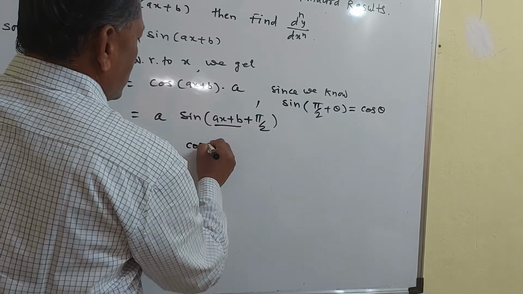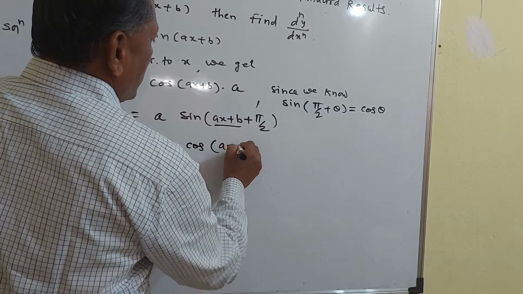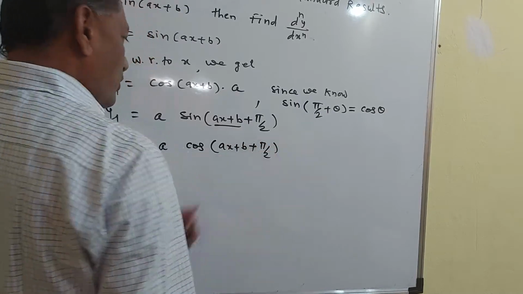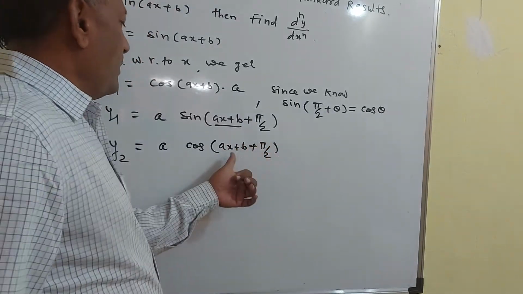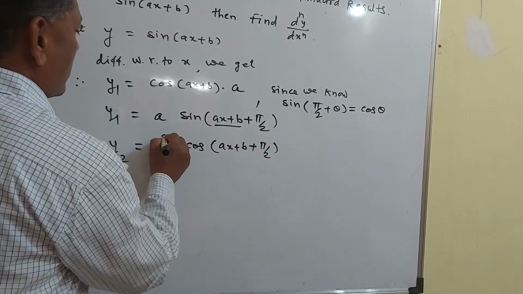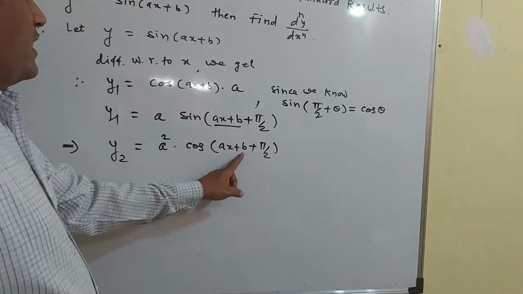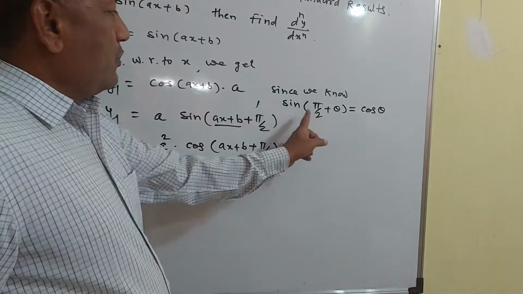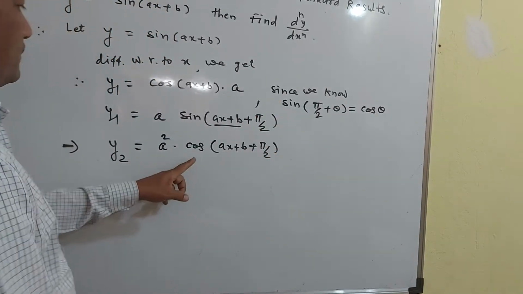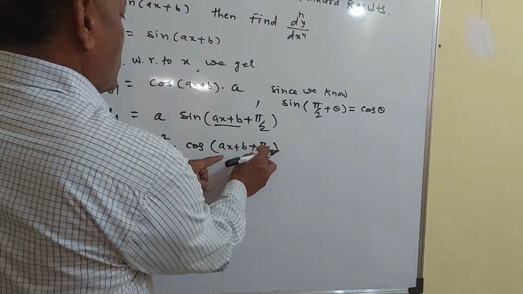Cos of (ax + b + pi by 2) into the derivative of (ax + b + pi by 2), which means a into 1 plus 0. Therefore, a into a is a square. A square into cos of (ax + b + pi by 2).